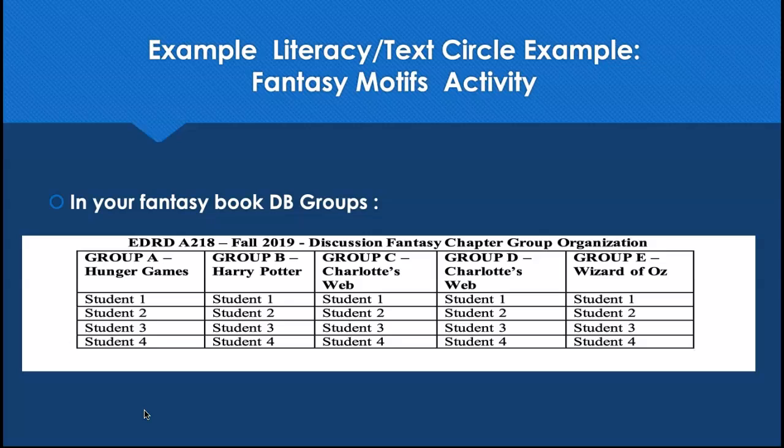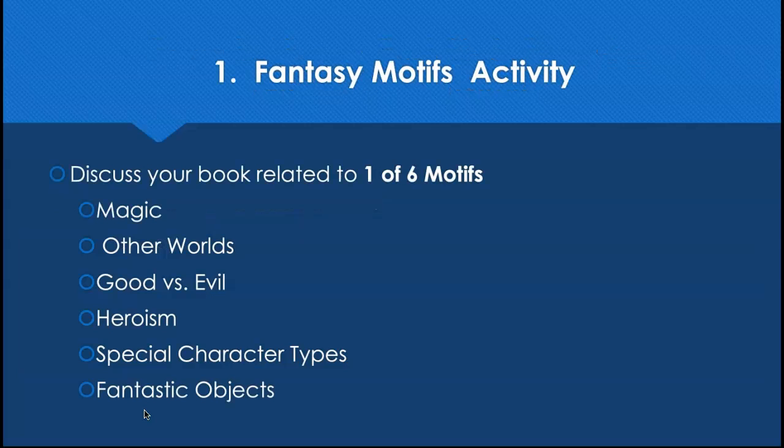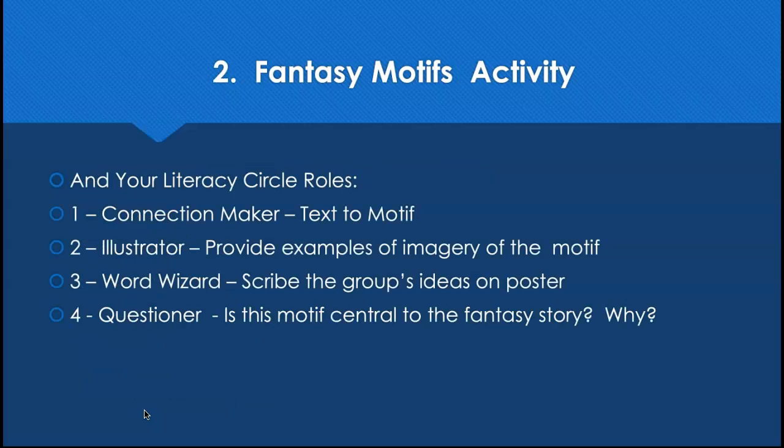Here's an example that I did with a fantasy motifs activity. So we read fantasy juvenile literature models and I put them into groups. And then we had specific fantasy motifs. Here are 6 of the fantasy motifs that they could look at. And they would go through, they had their specific roles.